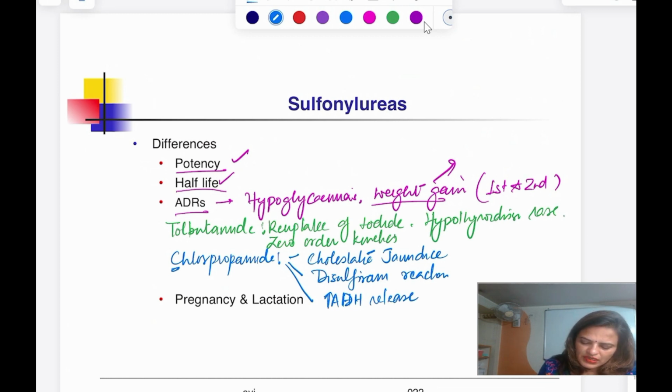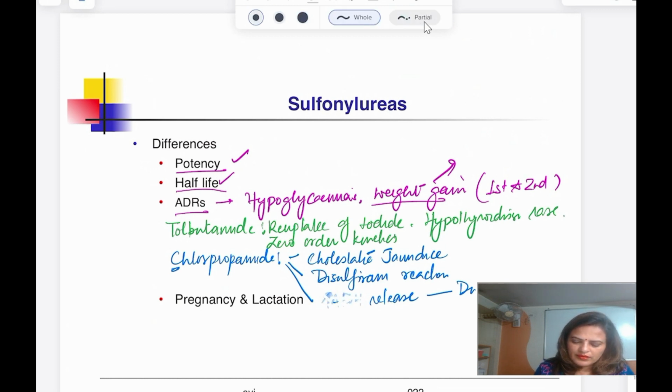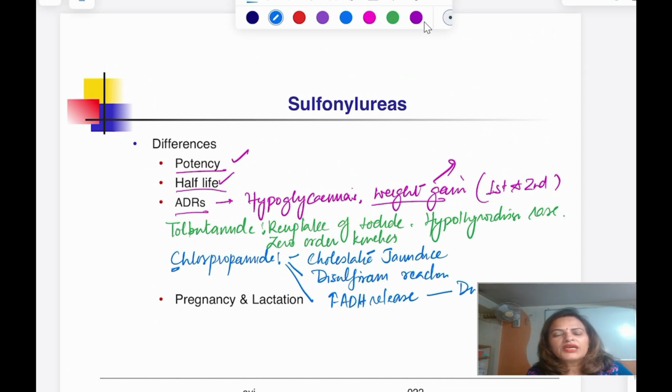If this is increasing the ADH release, that means it is antidiuretic, so it will not let diuresis happen. Once antidiuretic hormone is released, what is it going to cause? Dilutional hyponatremia.